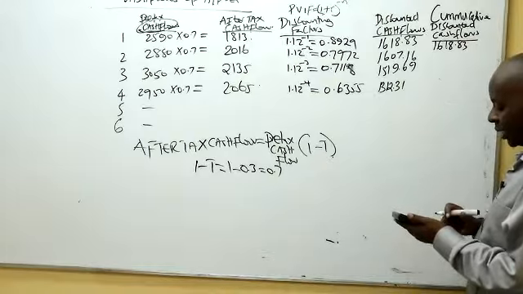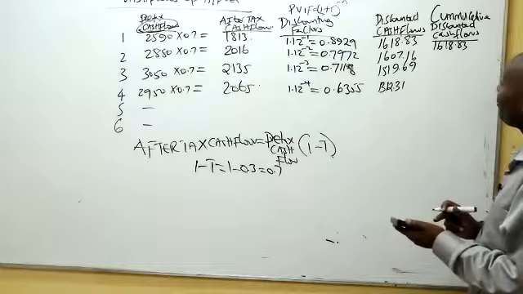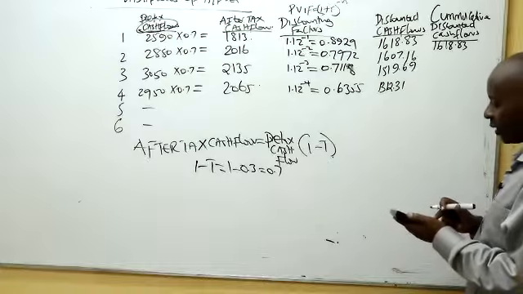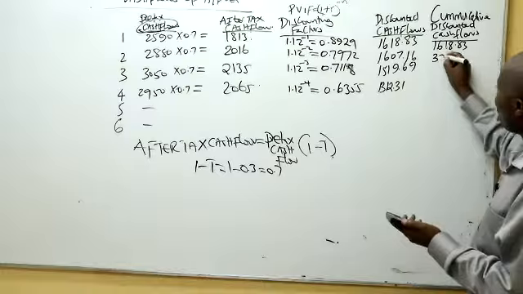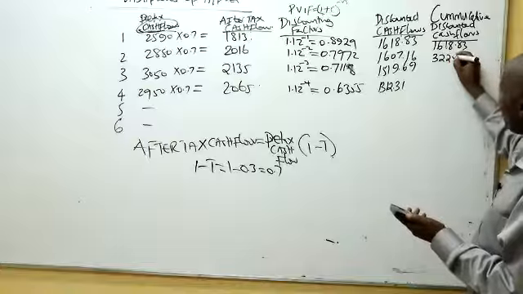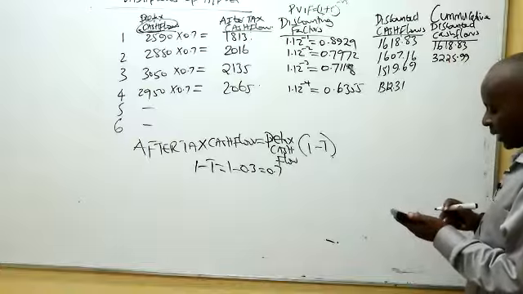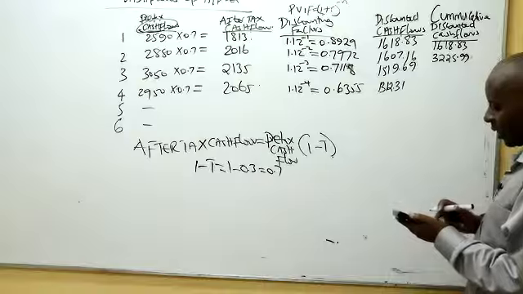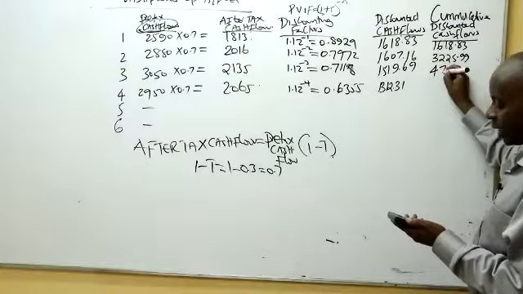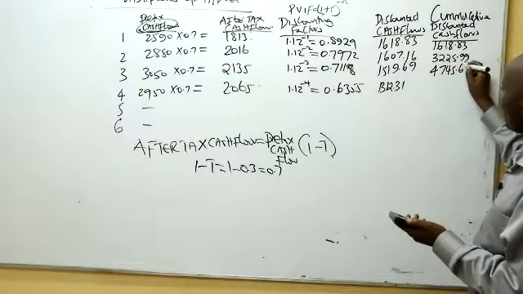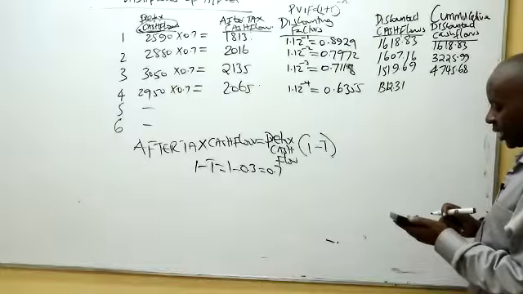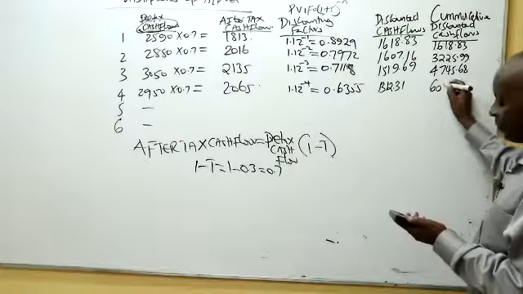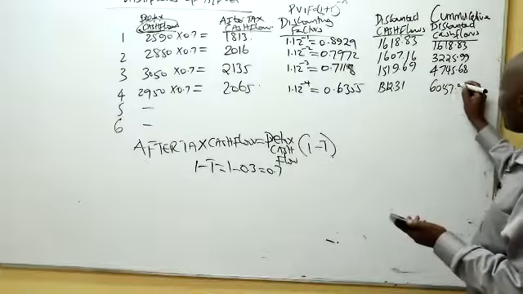So we have 1618.83 plus 1607.16 equals, I'm getting 25.99, plus 19.69 equals, I'm getting 45.68, plus 12.31. I'm getting 57.99.